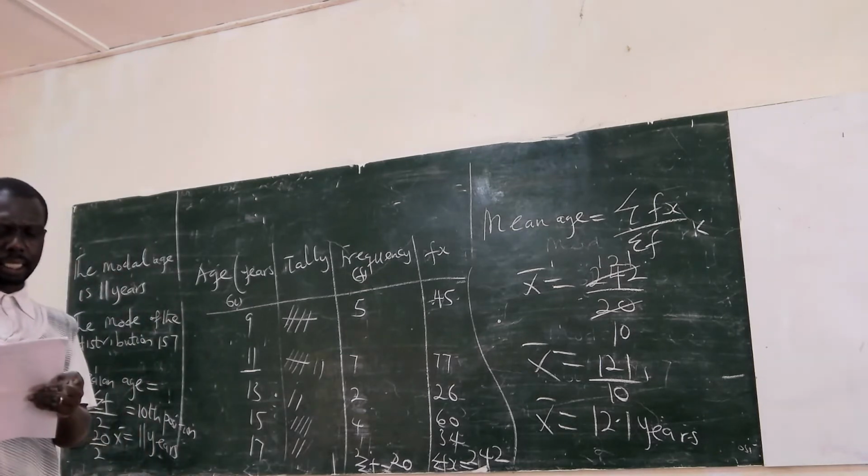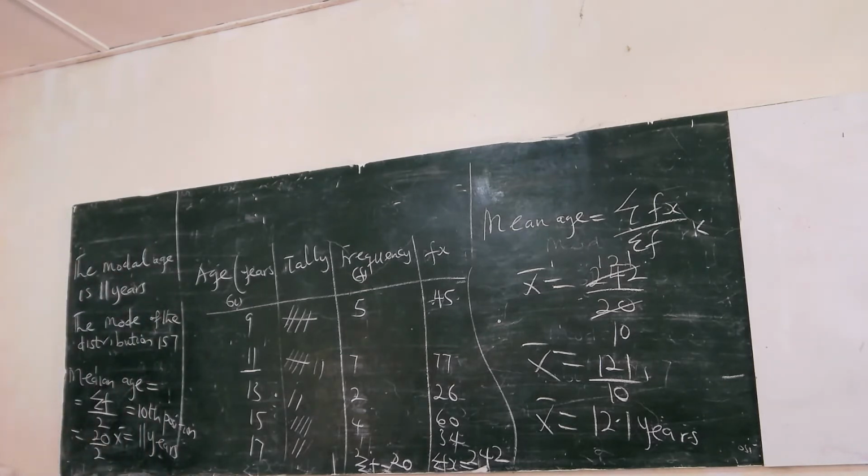So we are going to answer BECE 2021. Those two were concluded recently. They give them on grouped data.